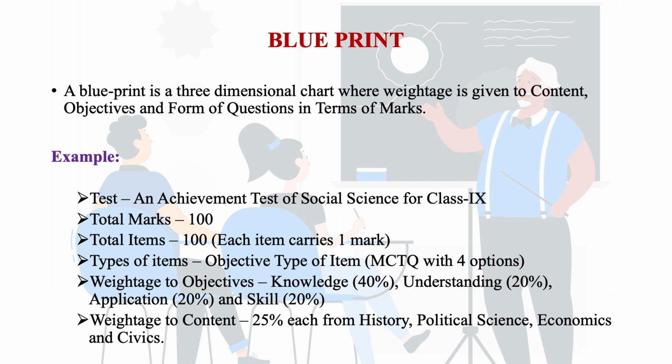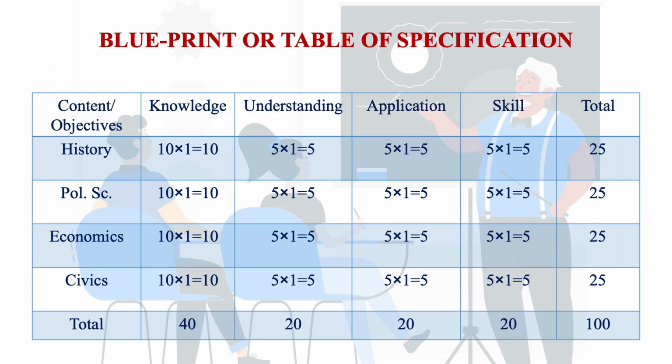So here a blueprint is a three-dimensional chart. The first dimension is the content. Here 25% weightage is given to history, and again to political science, economics and civics. So the questions are coming from the 4 subject areas of social science.